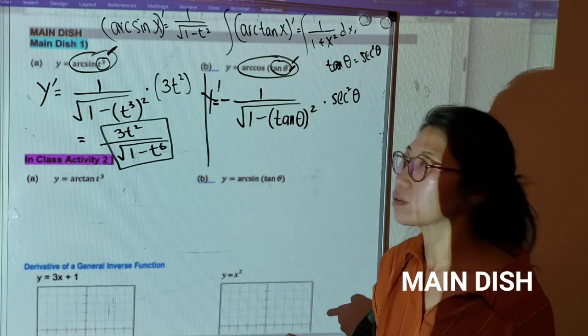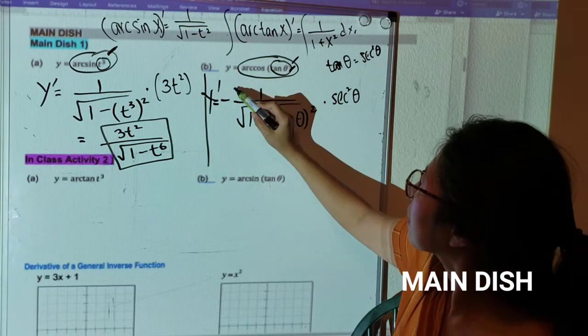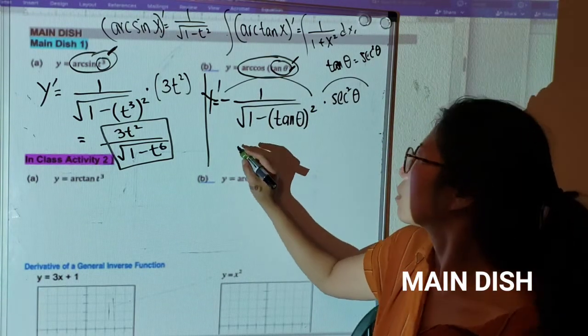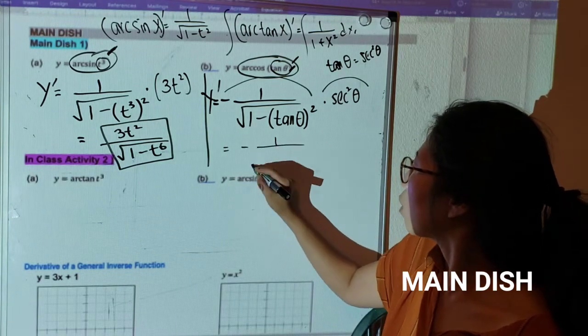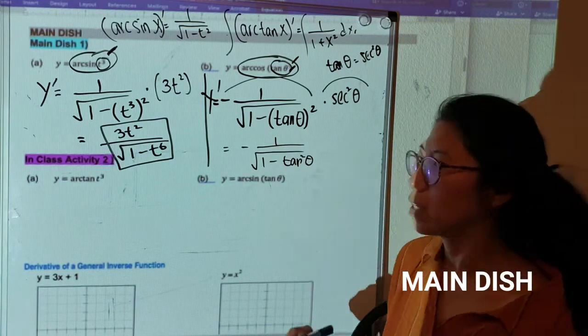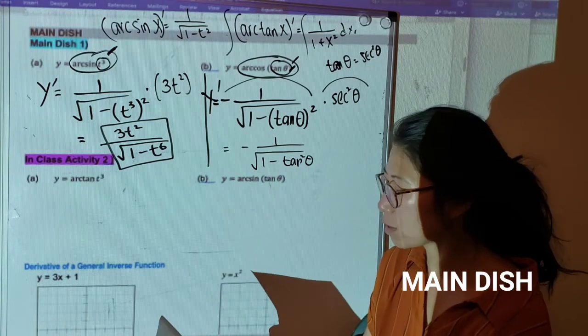Okay, I want to see if I recognize anything. So do you guys see the outside function derivative, the inside function derivative? Feel like something is going to happen. So that is going to be negative secant squared theta over square root of 1 minus tangent squared theta. Anybody remember the identity? I'm going to look at the identity here.